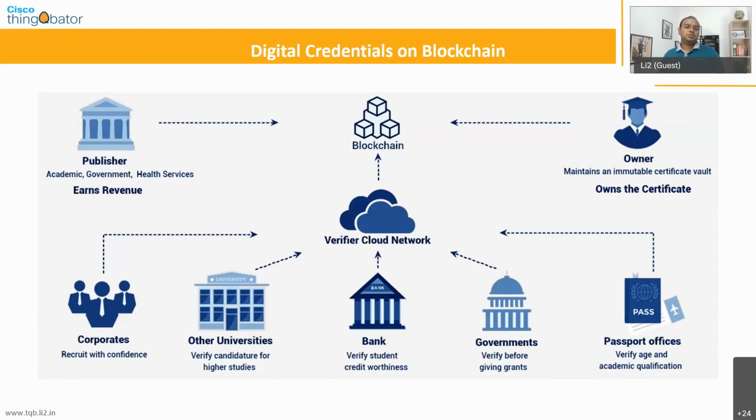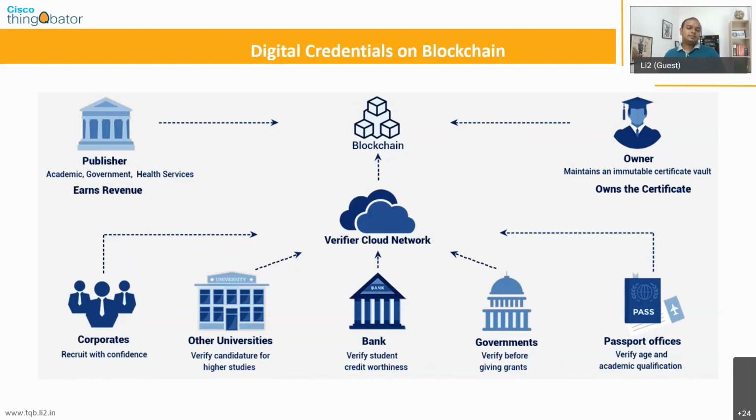And tomorrow that student goes to a particular organization looking for an internship, they can just share the hash string and tell them that you can get this verified on this particular blockchain network, where the verifying authority just enters all the data like the student name, program name, date, and creates a new hash string. The new hash will be matched with the existing hash that is there on the blockchain. And if they match with each other, the record is verified. If they don't match with each other, the record is not verified.